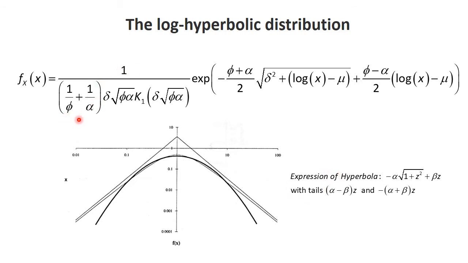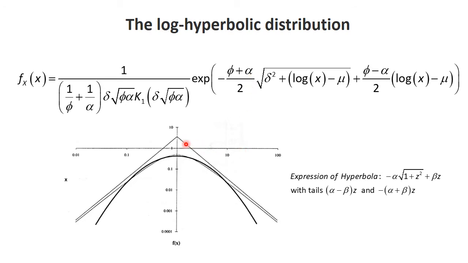What we get is a complicated distribution, but it has essentially four parameters: a parameter mu, which has to do with the mean, and the other two important parameters, phi and alpha. These phi and alpha parameters indicate the heaviness of the tail, one for the lower tail and one for the upper tail.